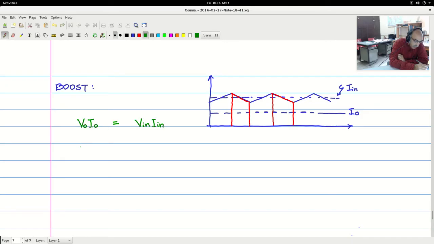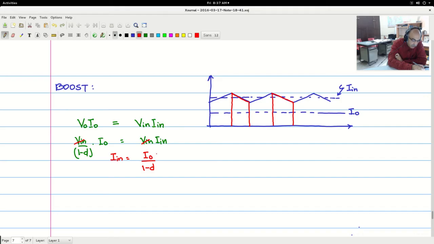Now in the case of the boost converter, we say that V naught is V in by 1 minus D, into I naught is equal to V in I in. So we can remove this, and then you say that I in is equal to I naught by 1 minus D. We get the current relationship. We can do it this way, or you can use the amp second balance in the capacitor to get the same relationship.